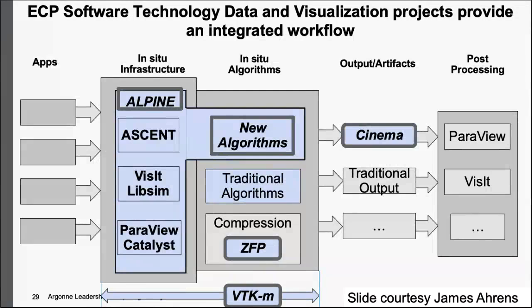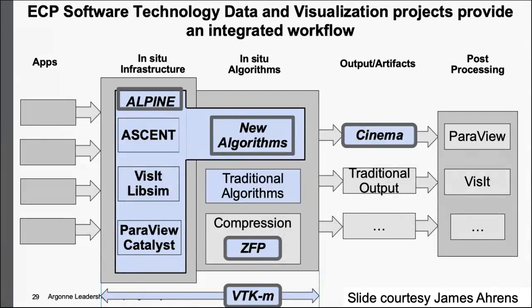There's also exploration of new algorithms, and if you look at the bottom of the image, it shows a box called VTK-m. Most of the algorithms here are implemented in VTK-m, which is another project within the Exascale Computing Project to mostly take care of intranode parallelism, taking advantage of new paradigms like CUDA, like OpenMP, and other backends like that.